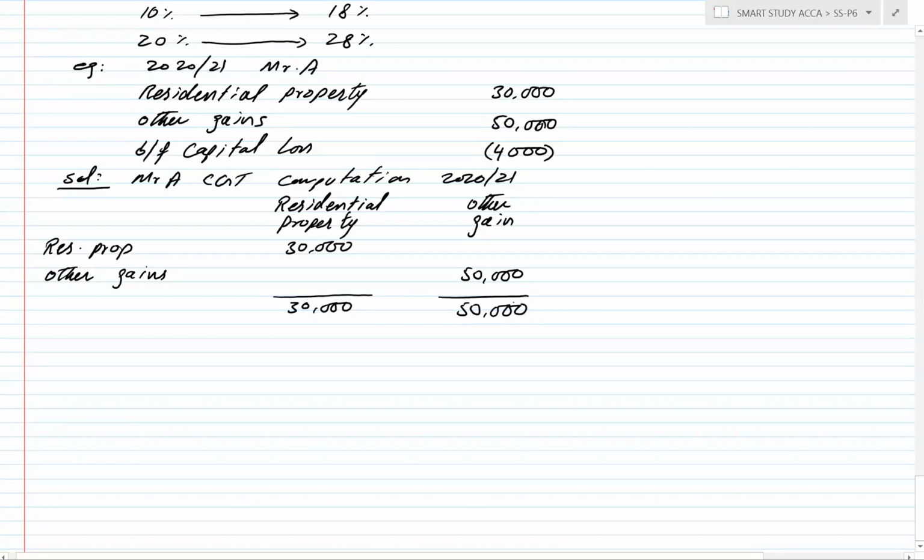Now we will deduct the annual exempt amount. Students, what's your opinion? Should I deduct the annual exempt amount from the gain of residential property or the other gains? What should be the first priority?